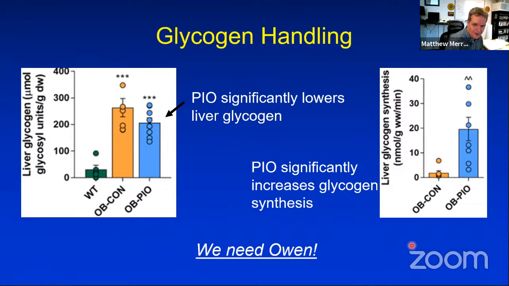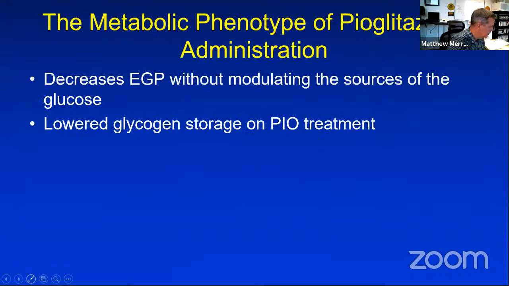So we need Owen. If you saw his talk last time, he is an expert in understanding glycogen cycling. This is certainly inferring that we've got some going on, but to really nail it down, we would need to do some extra experiments. But this tells you that PO does have some significant effects, not only on gluconeogenesis, but on how glycogen is stored in these animals.